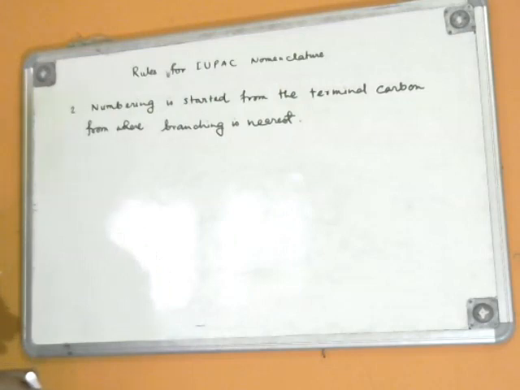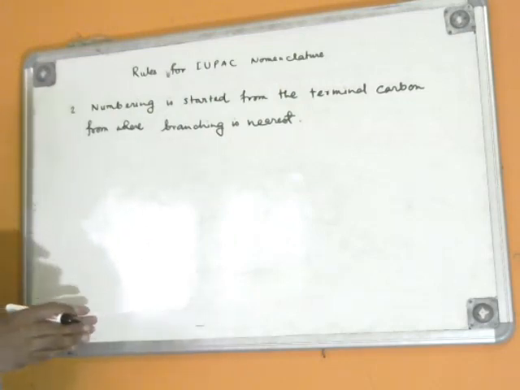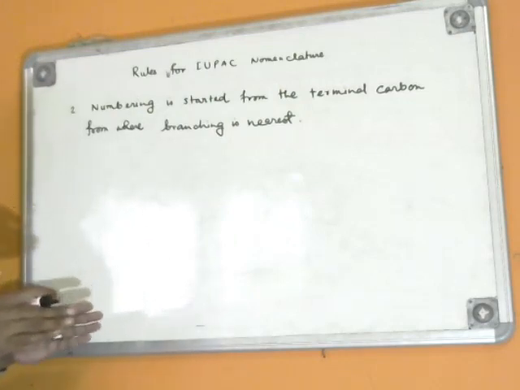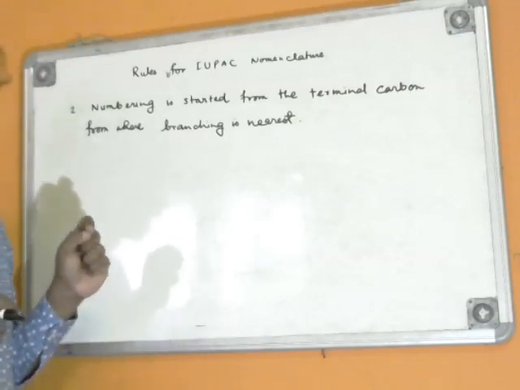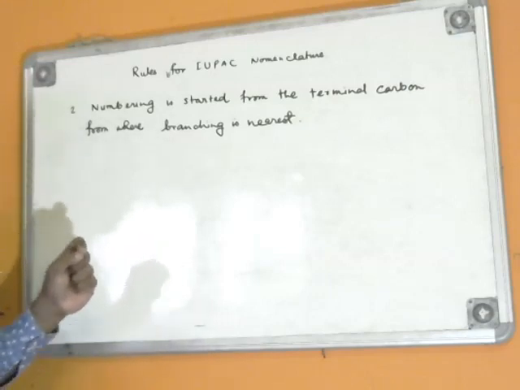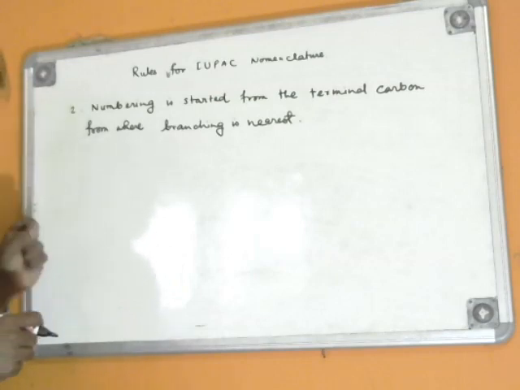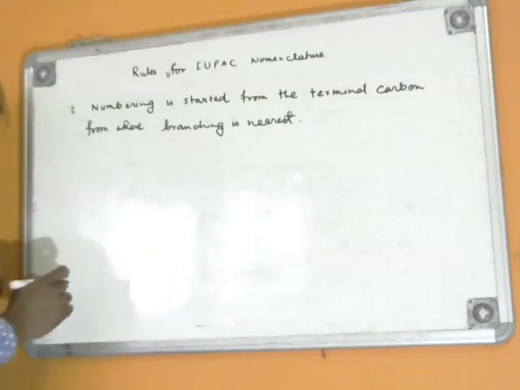After identifying the chain, you have to number the carbons of that chain, and you have to start the numbering from a terminal carbon. So let's take an example.